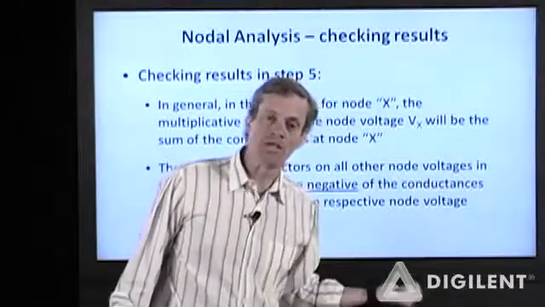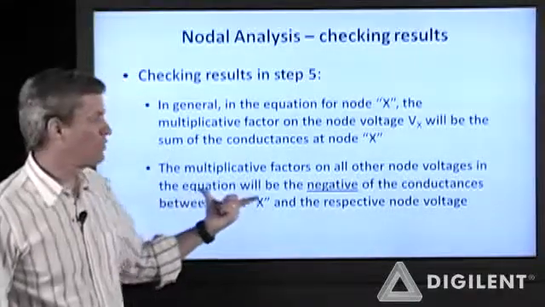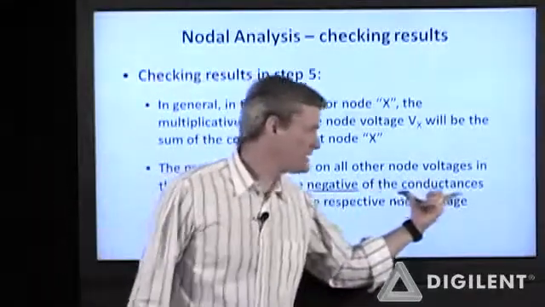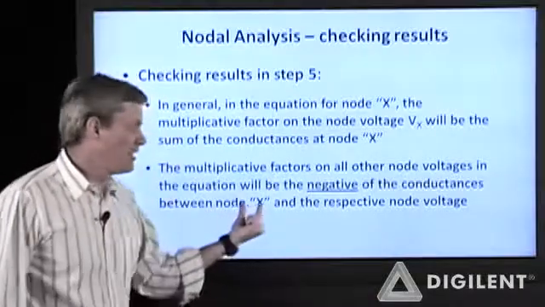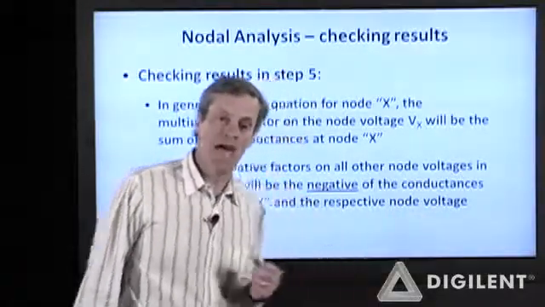The multiplicative factor on those node voltages will be the negative of the conductances between node X and that particular node where the voltage is at.